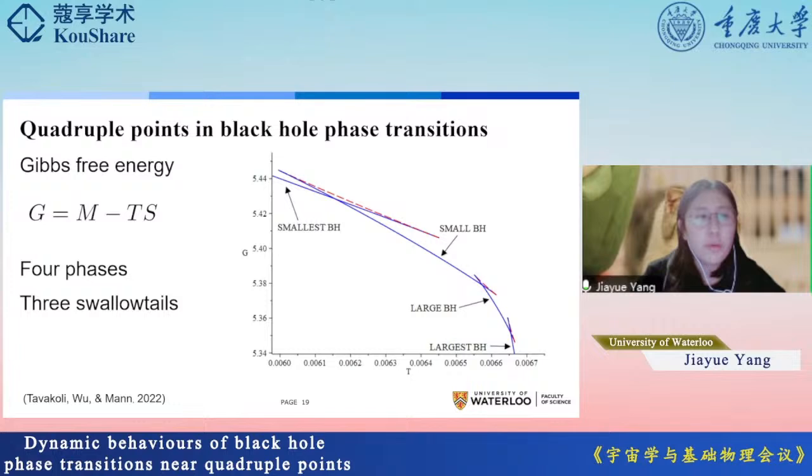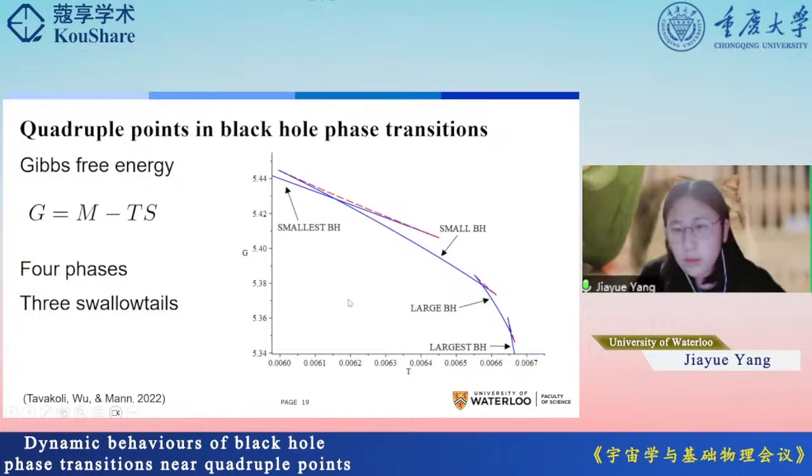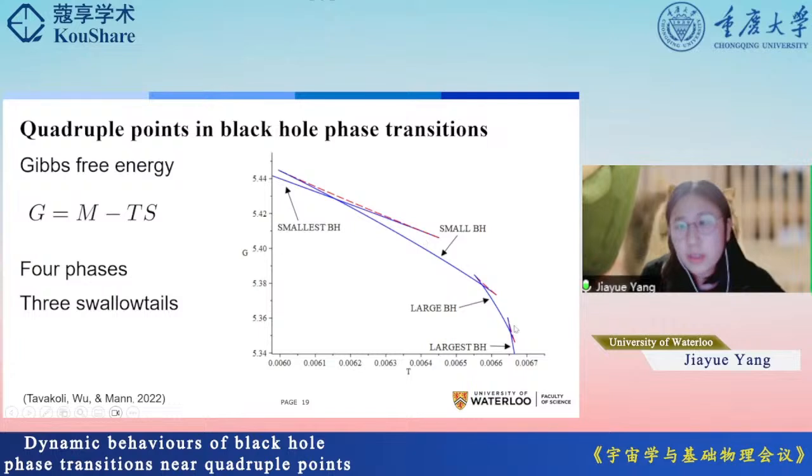We can also plot the Gibbs free energy versus temperature diagram, just like before. As we see in this diagram, there are four phases, the four blue lines, and the stable phases, the three red lines here.